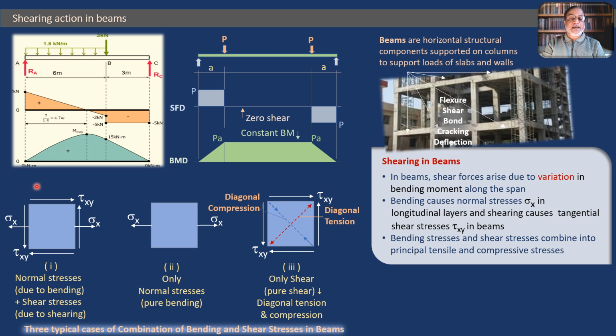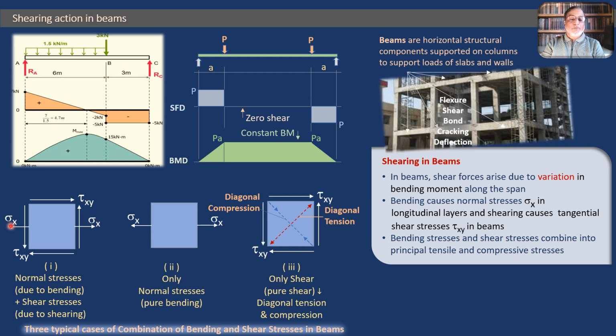We have seen that in beams we get a combination of shearing and bending in general. Bending stresses cause normal stresses sigma x in longitudinal layers of the beam. If you look at the element in the beam, you can take these squares, which are enlarged points of the beam. We call them infinitesimal elements.